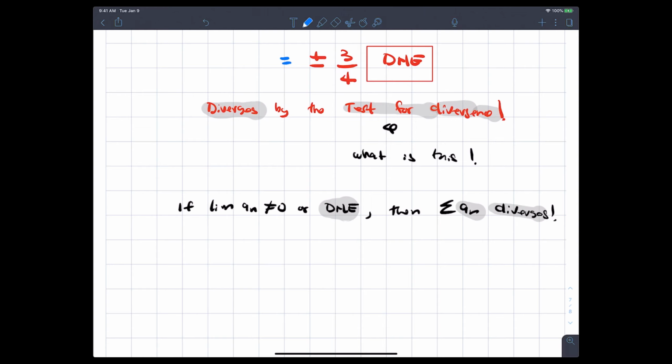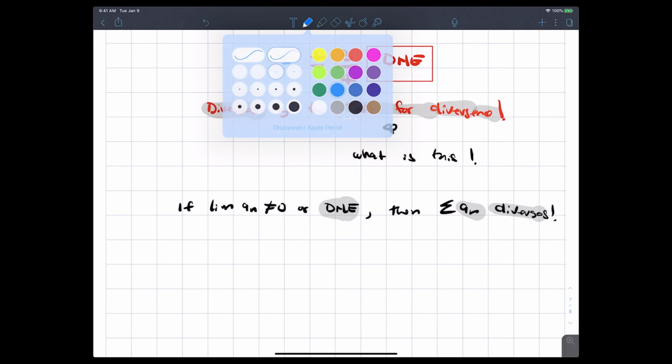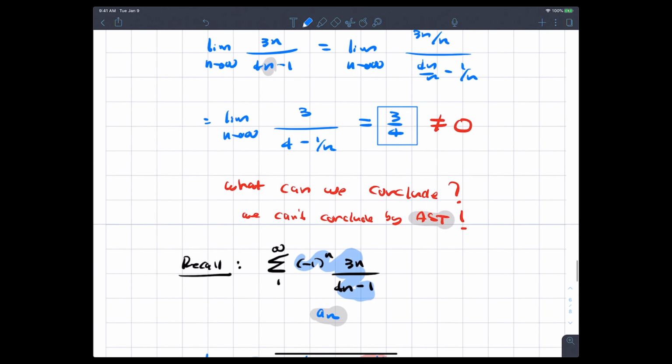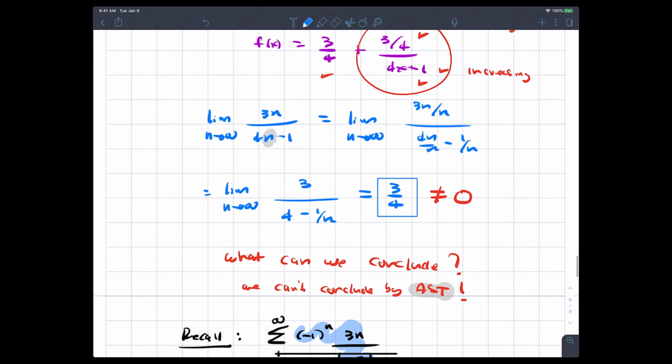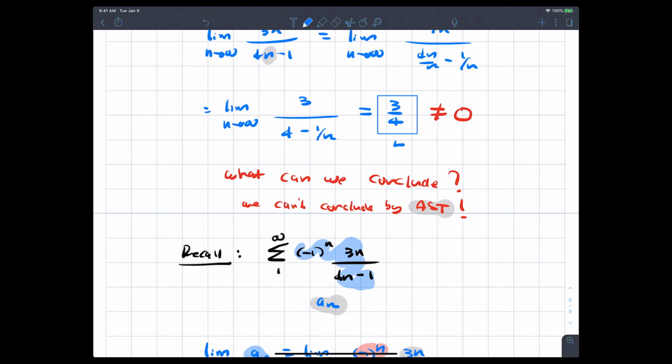Now go back to the alternating series test, because this is a big deal. Whenever you have a decreasing sequence, but the limit is not 0, it's finite, you can't say this diverges by the alternating series test, because the alternating series test doesn't have language of divergence. This is why I said we can't conclude by the AST, because that limit doesn't go to 0.